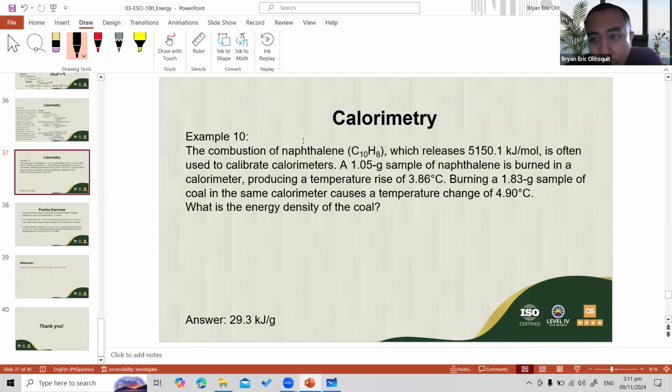So, therefore, following the same method, pwede siguro dito lang tayo magsulat, kaya naman siguro. Following the same method in calorimetry, let us first determine the calorimetric constant.